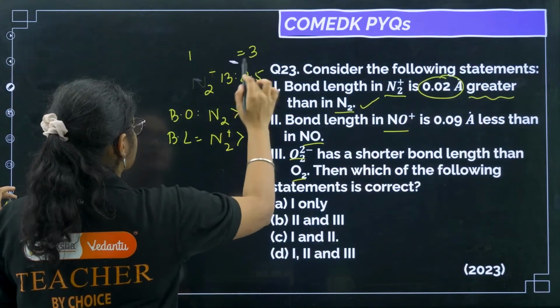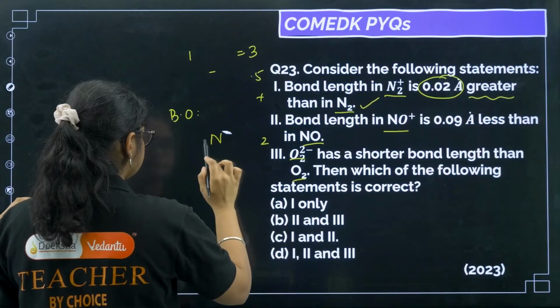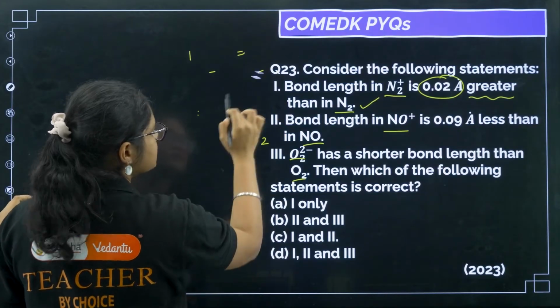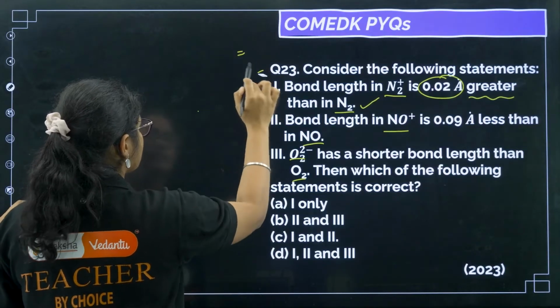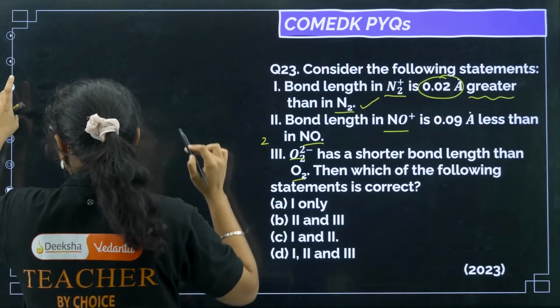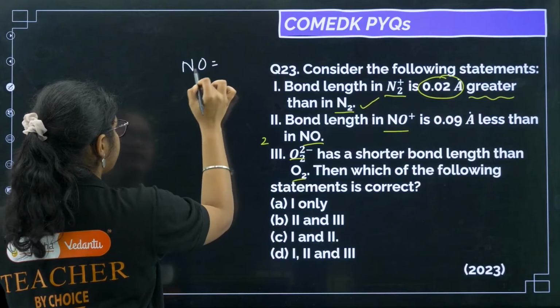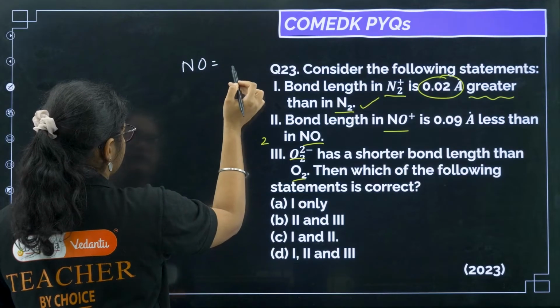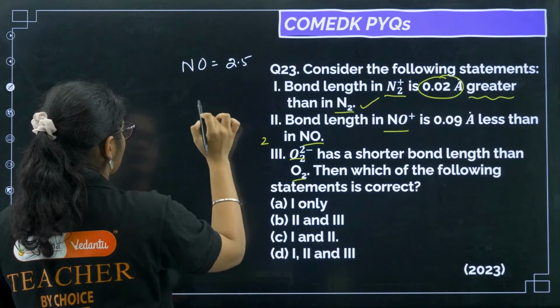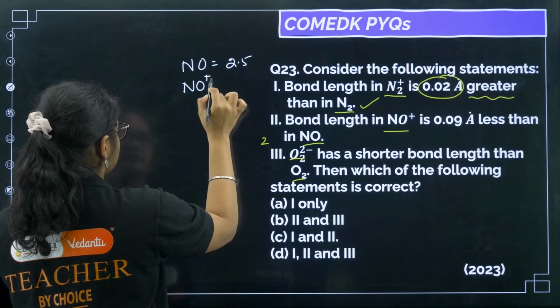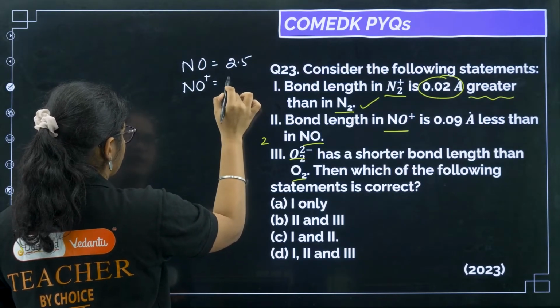Now let me erase this one and go to the second point, that is about NO. So NO is having 7 plus 8, 15, 15 means again 2.5, and NO plus will be having 14, that is 3.